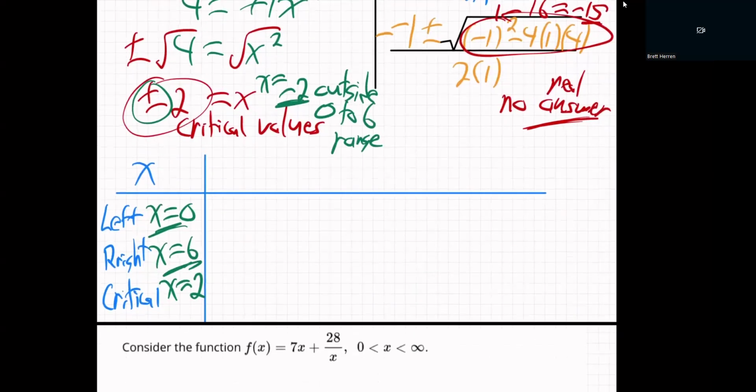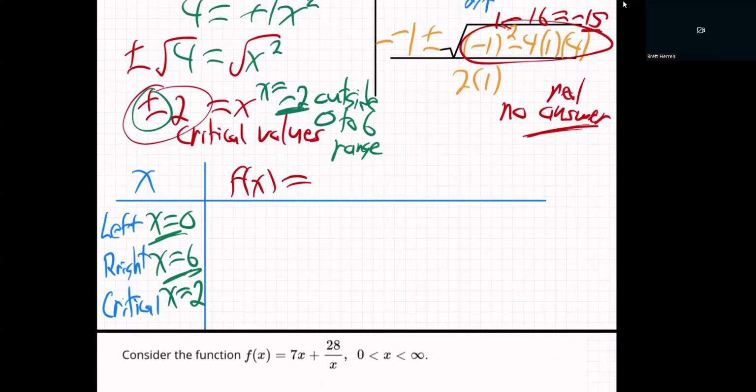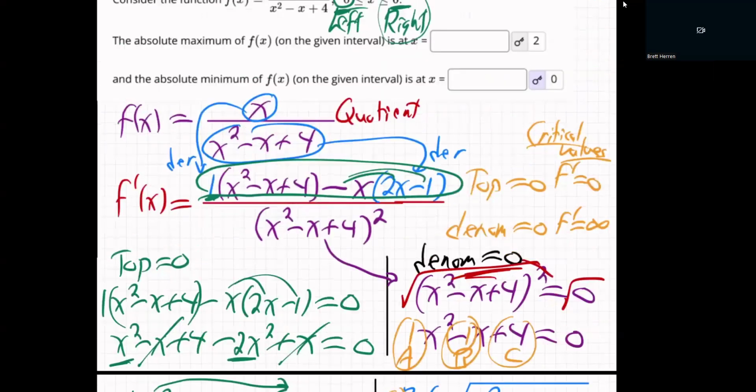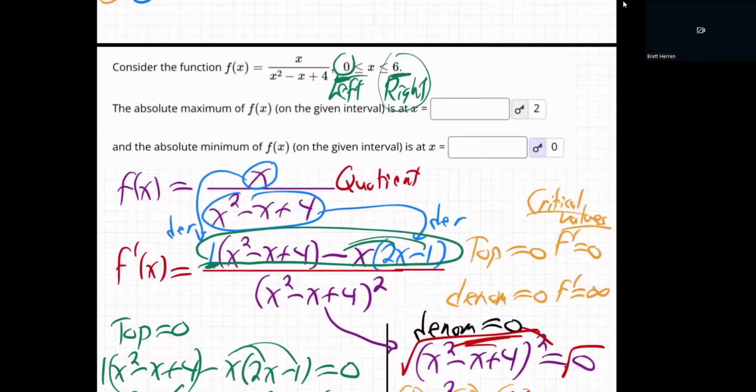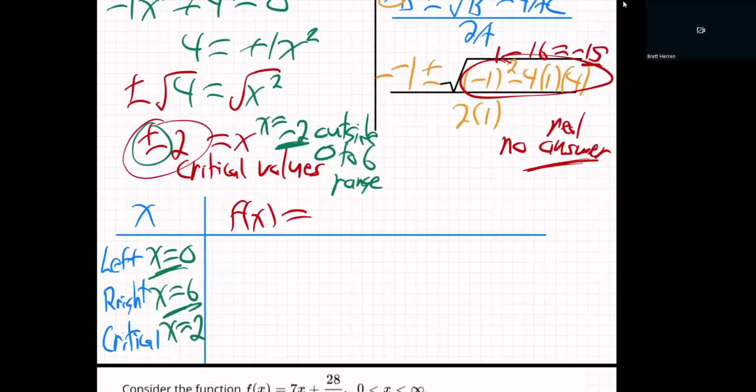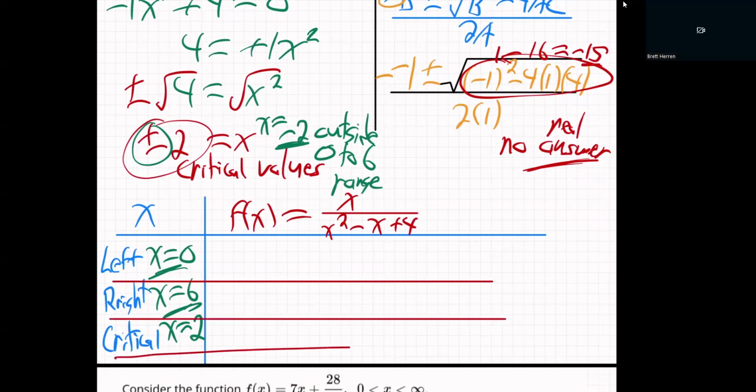Do it with what? With the function, meaning f of x equals, what was the original function again? Let me write it down, it's x over x squared minus x plus 4. So I'm going to plug each of these in.